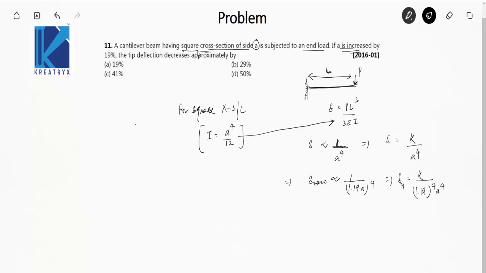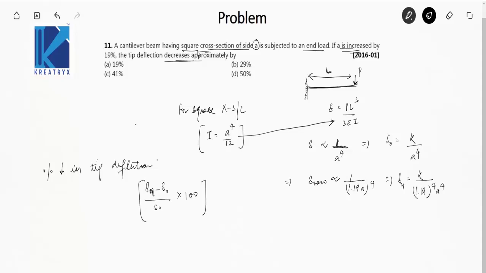Now I have to find the tip deflection decreases approximately by. So the percentage decrease in tip deflection is del new minus del old upon del old into 100.